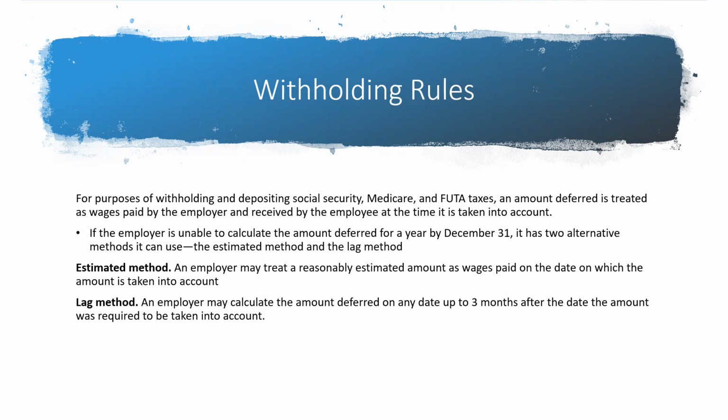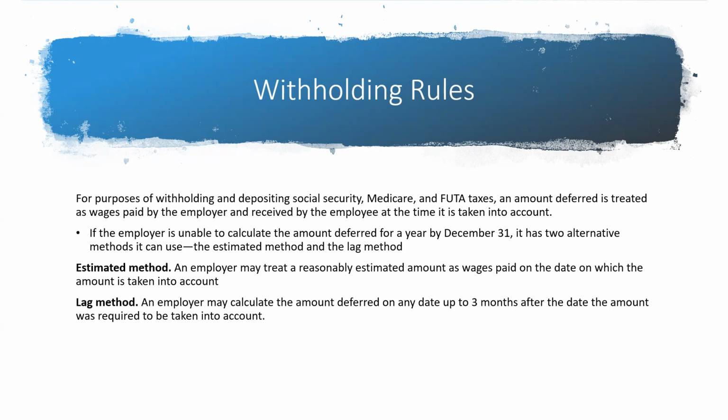Your withholding rules. For purposes of withholding and depositing Social Security, Medicare, and FUTA, an amount deferred is treated as wages paid by the employer and received by the employee at the time it is taken into account.